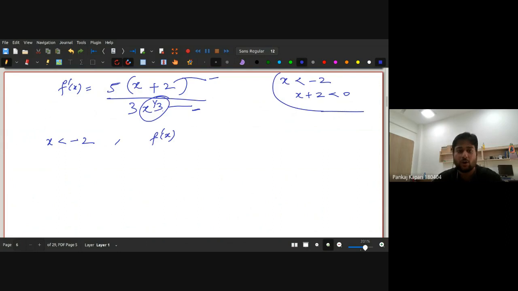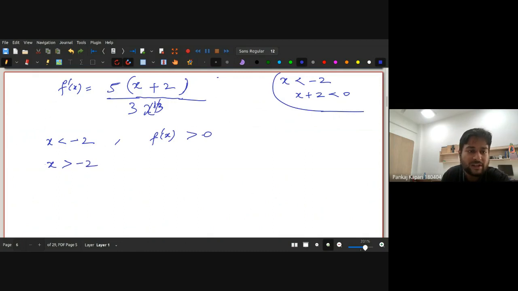That means the overall expression has positive sign. So f prime x is positive.